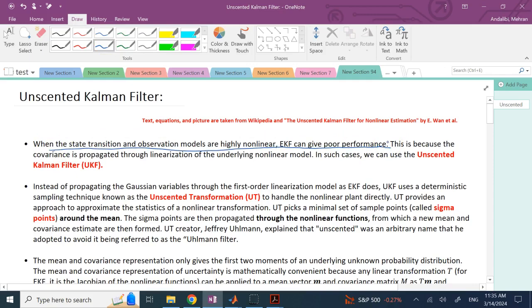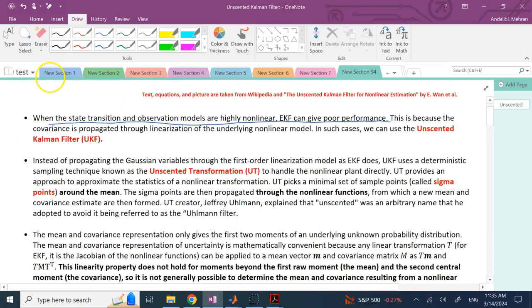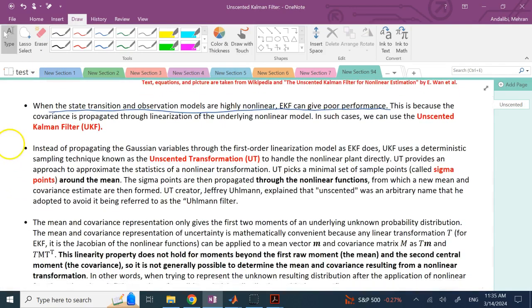into action. So what does this UKF do? First, let's look at what EKF does, so then we can go to UKF.